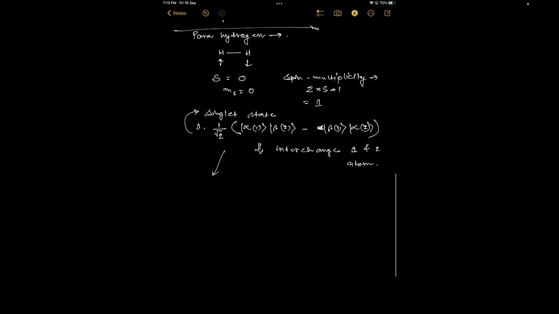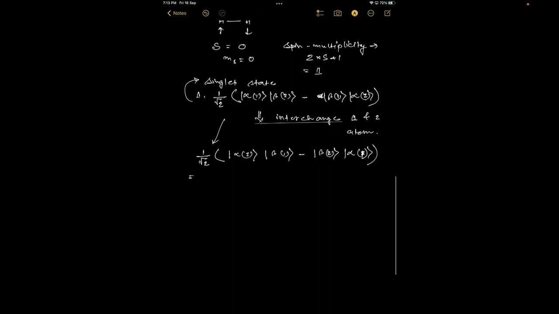After interchanging, 1 upon root 2, alpha replacing 1, it will be 2, then beta replacing 2, it will be 1, minus beta replacing 1, it will be 2, then alpha replacing 2, it will be 1, right?